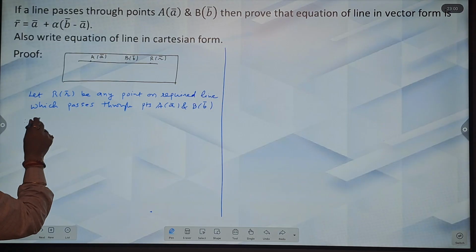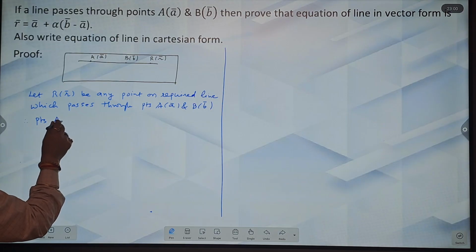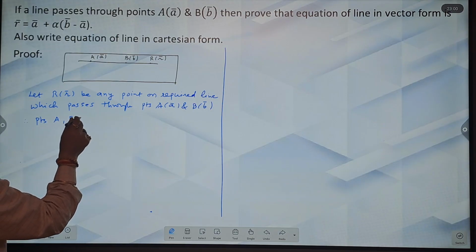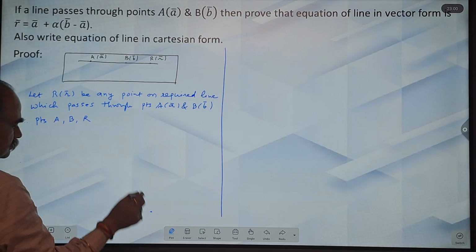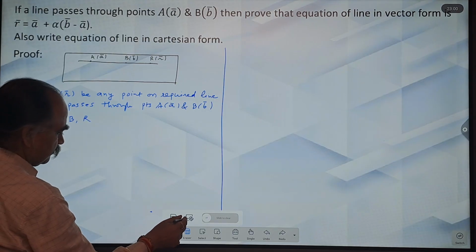Therefore, points A, B, R are collinear points.